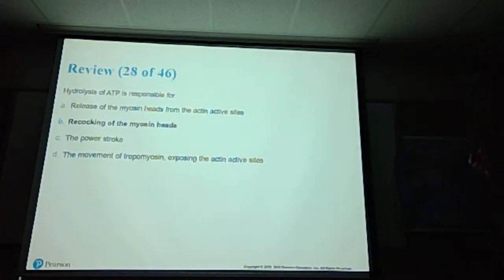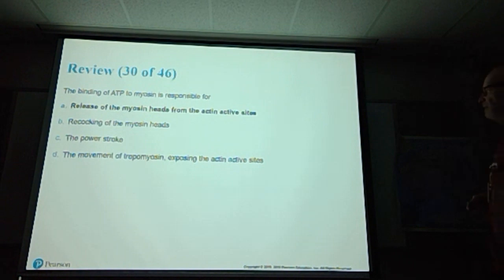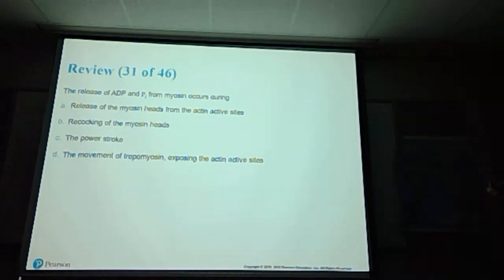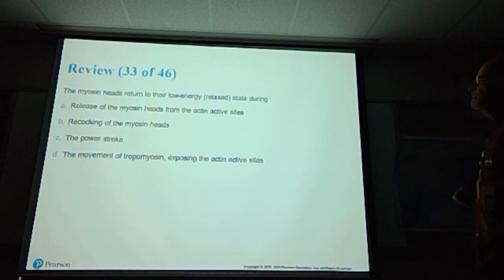The binding of ATP to myosin is responsible for release of the myosin heads from the active sites. The release of ATP and the phosphorus ion from myosin occurs during the power stroke. That's when the filaments slide across each other.